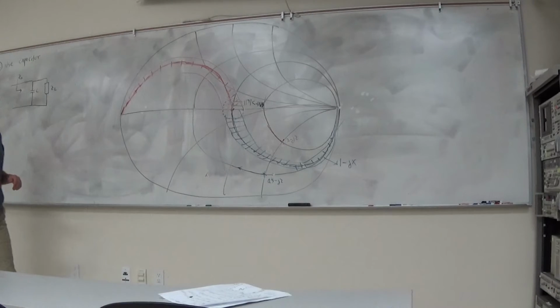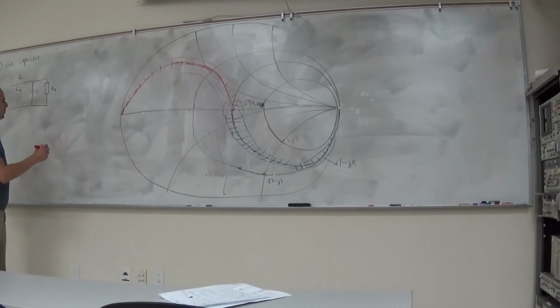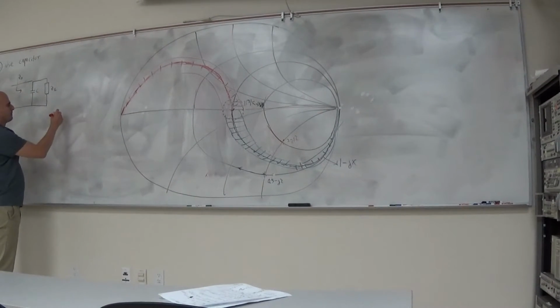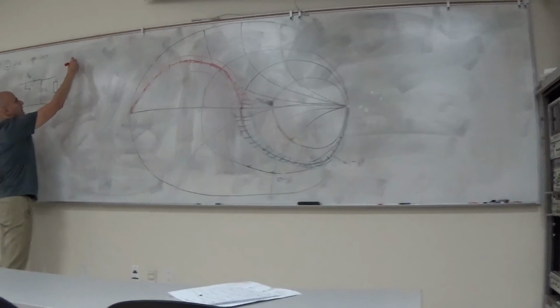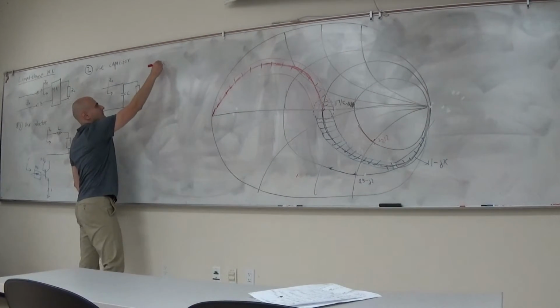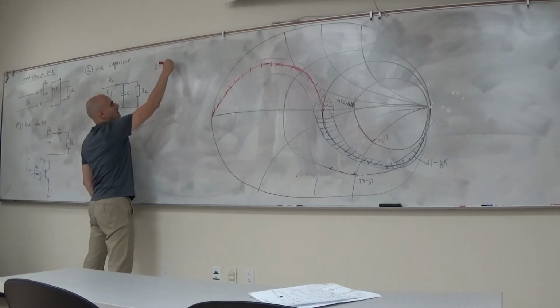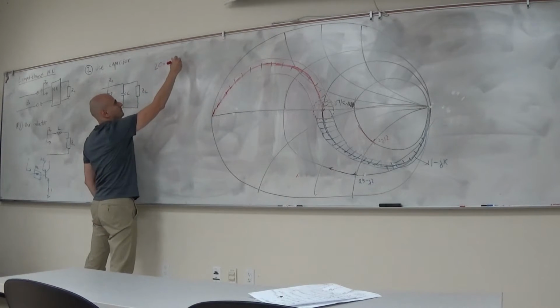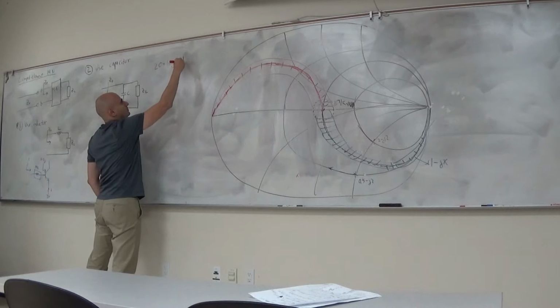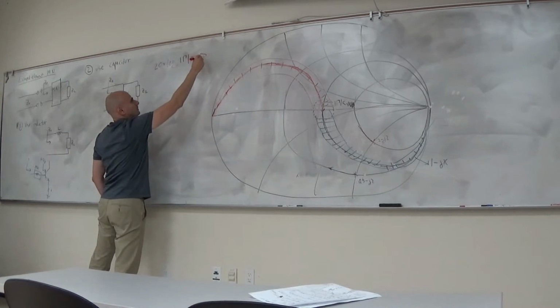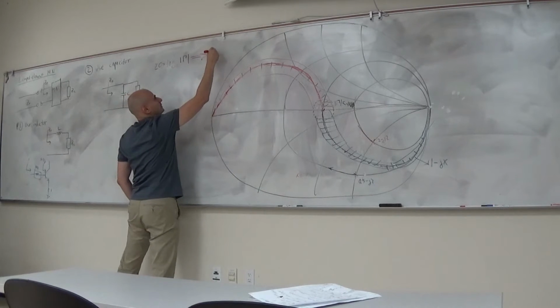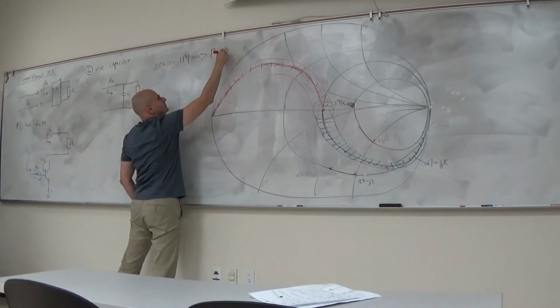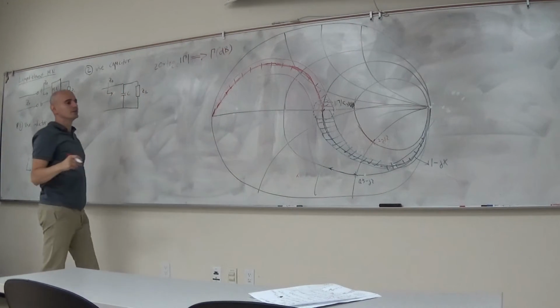Now, you guys know that 20 times log base 10 of the magnitude of gamma is gamma expressed in dB.